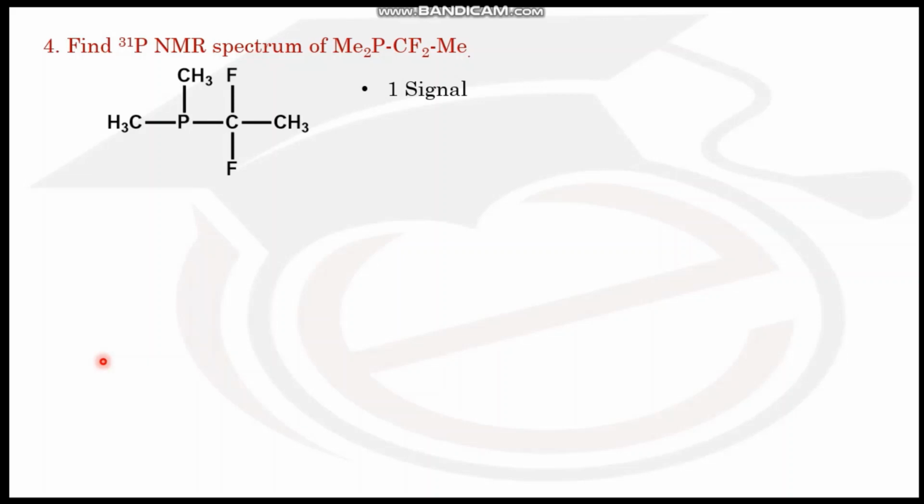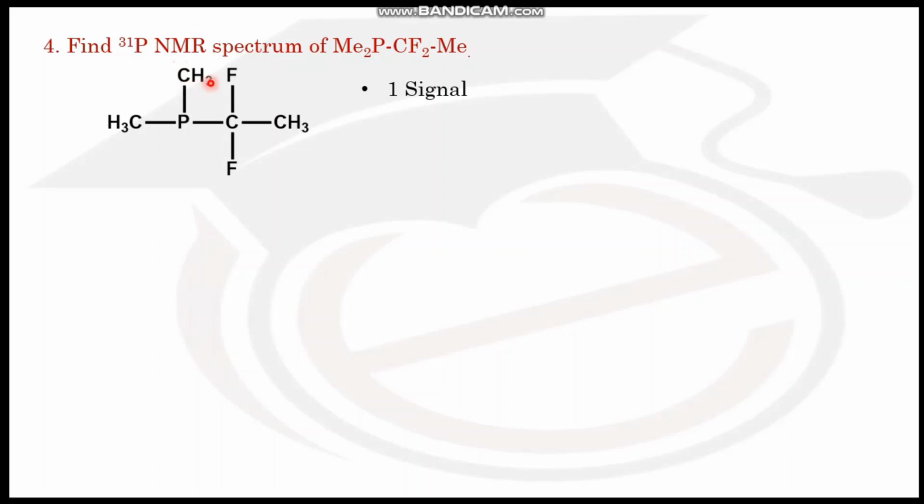Now we can consider the splitting. We have to find out how many different types of active nuclei are there that can cause the splitting. Here carbon is there. Carbon is an active nucleus, but in C13 NMR it is already mentioned that the abundance is very low, so it won't cause any splitting.